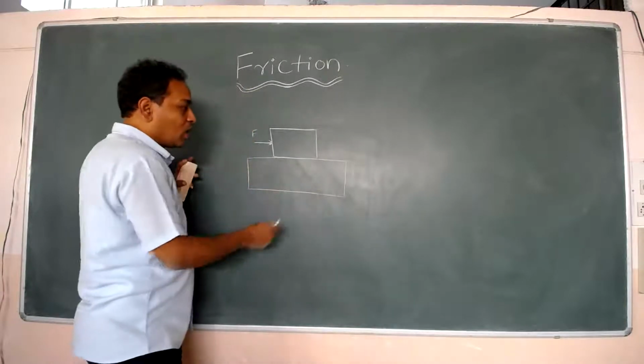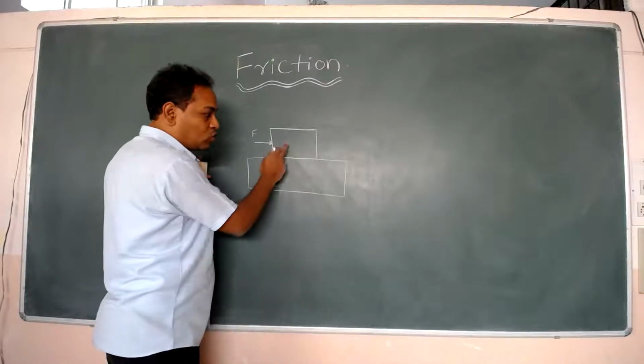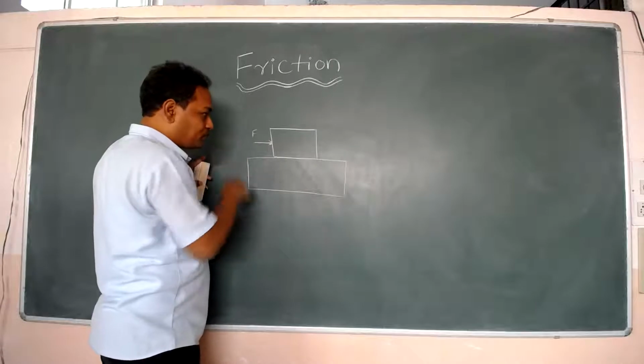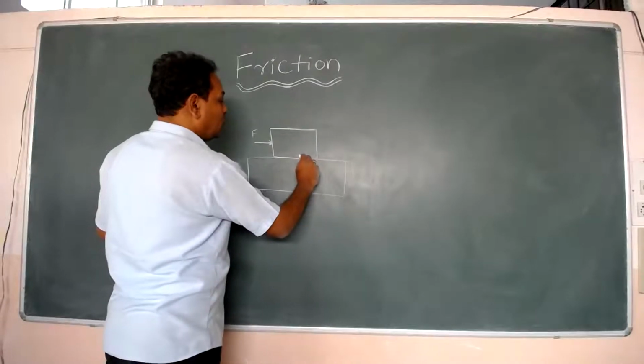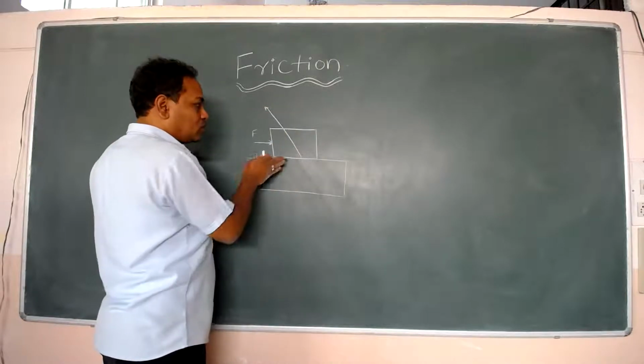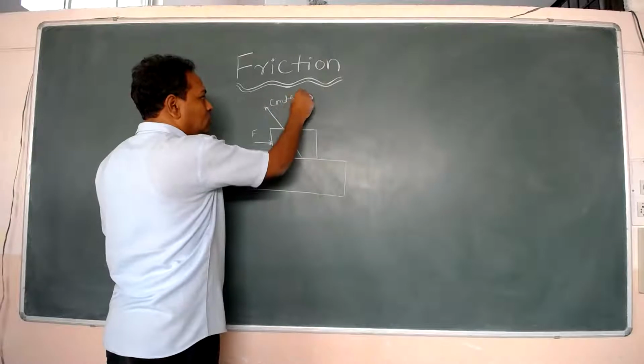So during that time, a force is said to be acting. That is called contact force. So between these two, a contact force is acting, and that contact force will be acting in this direction. So this is called contact force.